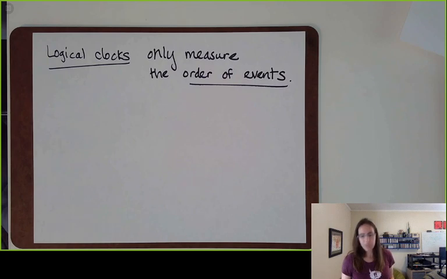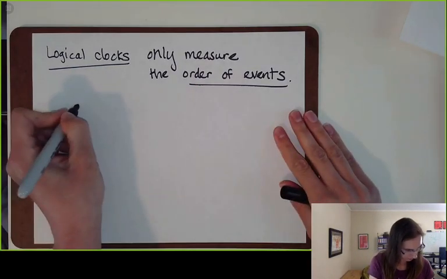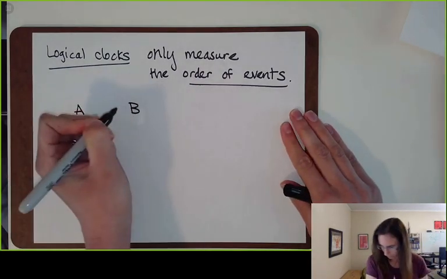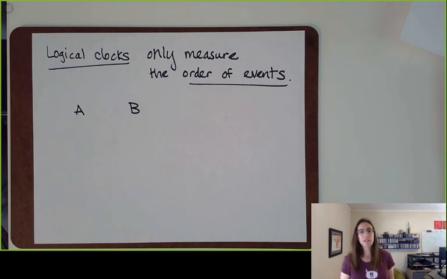So a fundamental question when talking about ordering of events is, what event happened before another event? So let's say that we have two events, A and B, and they could be anything at all. Maybe they're writes to a database, but they could really be anything. And let's suppose that I know that event A happened before event B. So let's introduce a little bit of notation for this.